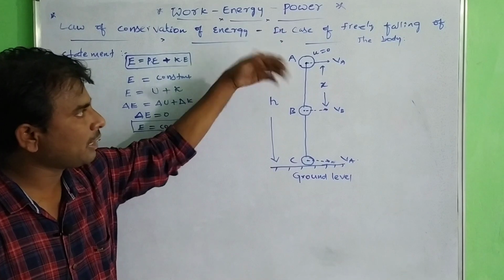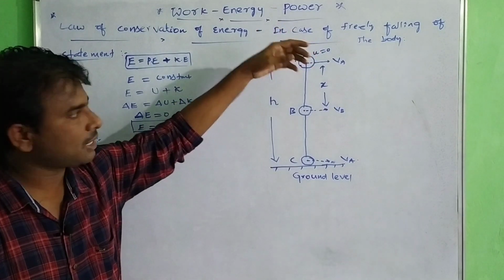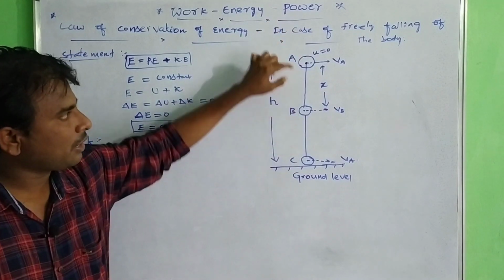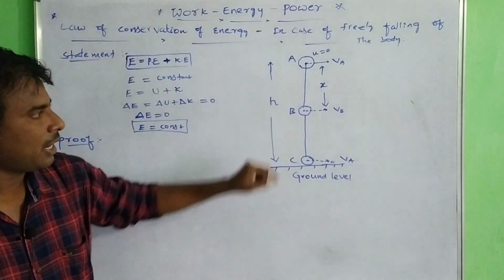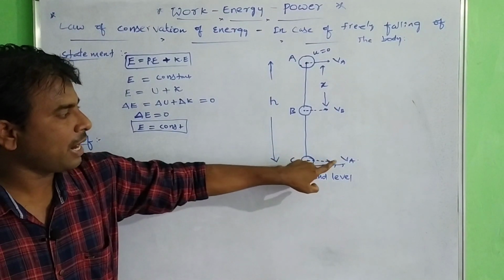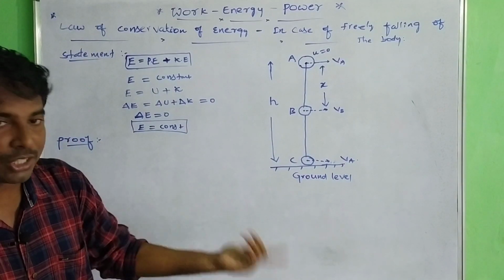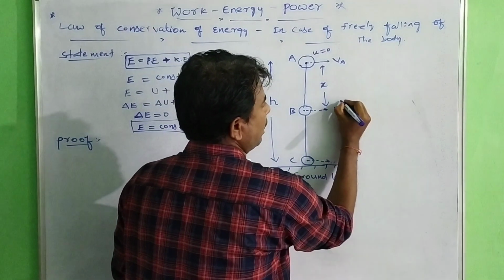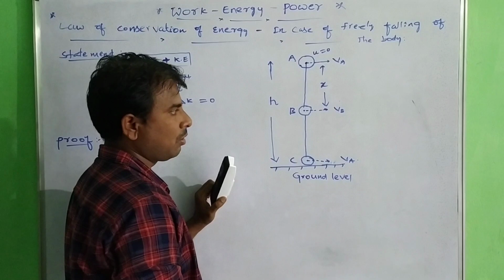We observe the phenomenon that as the body falls, potential energy decreases and kinetic energy increases. The body travels A to B, then B to C. When it reaches the ground, height becomes 0.